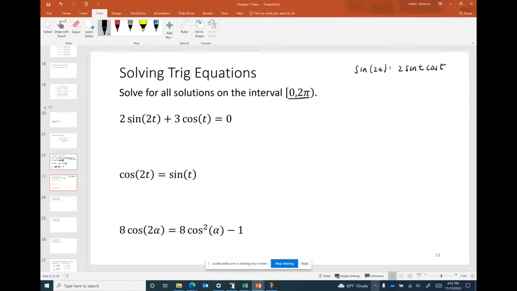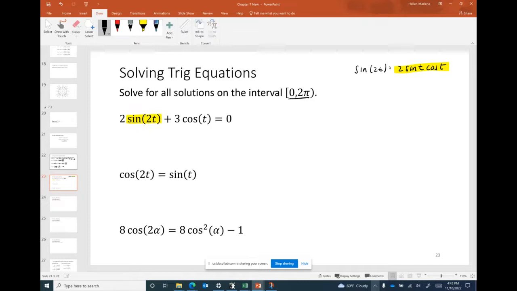All right, so we'll make that substitution here. For the sine of 2t, the whole thing we need to substitute is 2 times the sine t times the cosine t. All we're substituting is this part, so we want to make sure that we don't lose that additional 2.